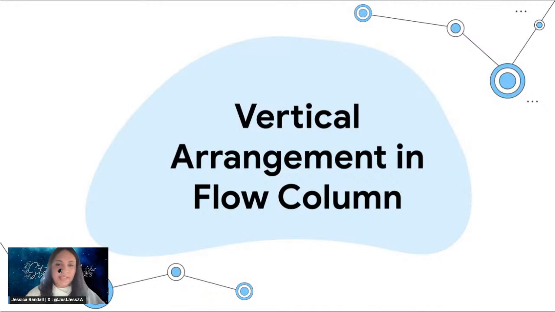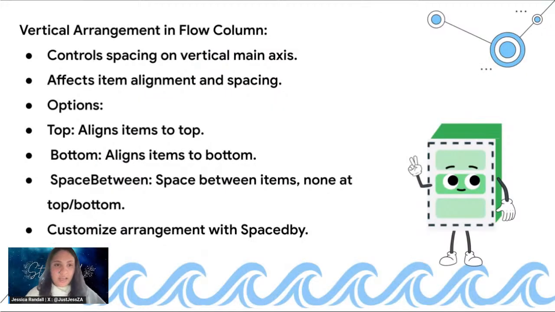So now we're going to look at the vertical arrangement in flow column. It's similar to the flow row. It's just that we are controlling spacing on the vertical main axis, and it also affects items alignment and spacing like horizontal arrangement in flow row, but we also have a bit of different options.